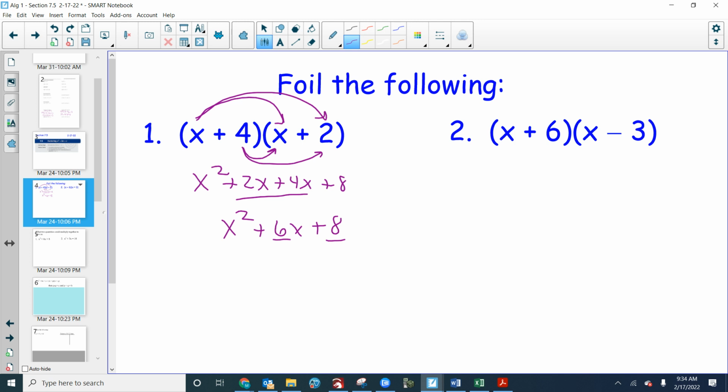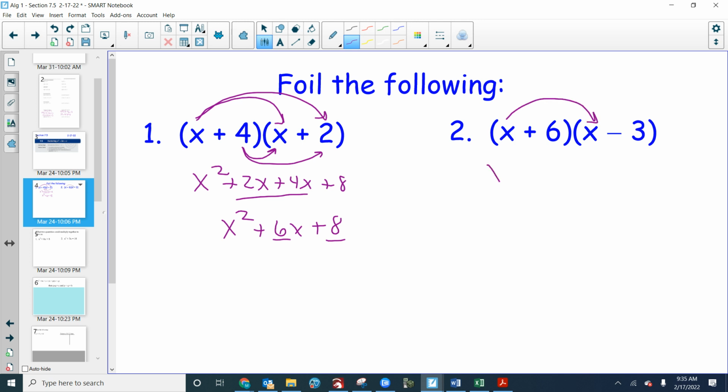Let's foil this. You guys go ahead and write this down. Go ahead and foil it. I'll give you 20 seconds and we'll go over it. Makana, talk me through it, please.